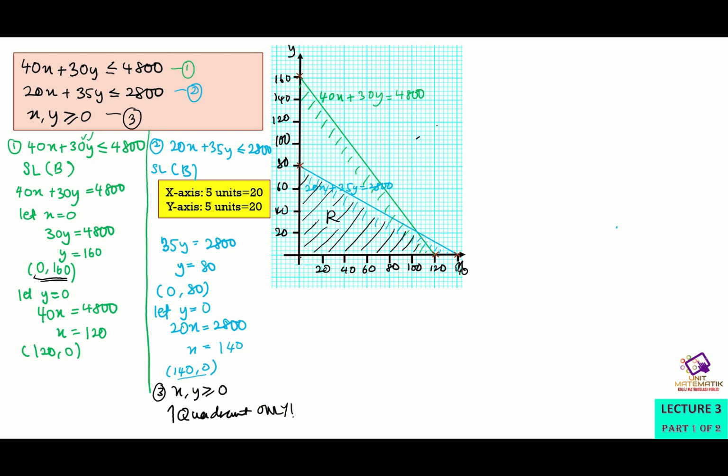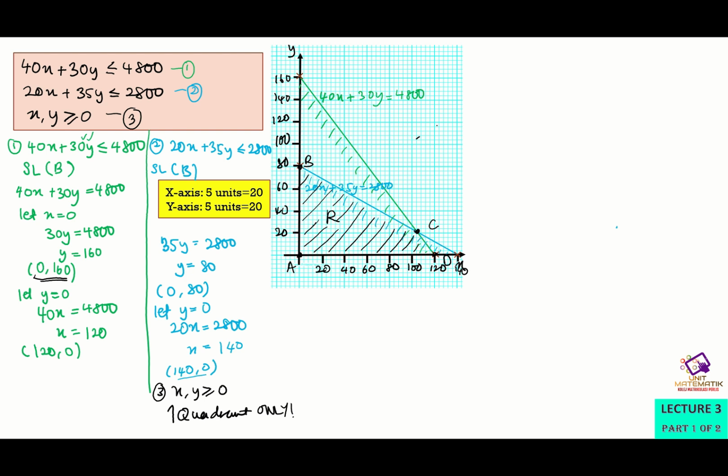The first point will be, okay, A here, B, C and D. Okay, so we have 4 corner points, but for the first corner point here, A, which is 0, 0, we can ignore it, because when x equals to 0, y equals to 0, then the profit will be 0.